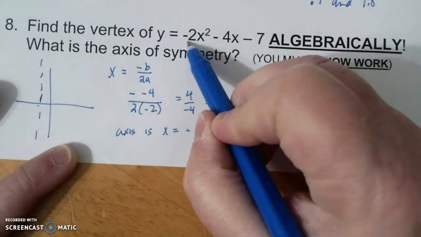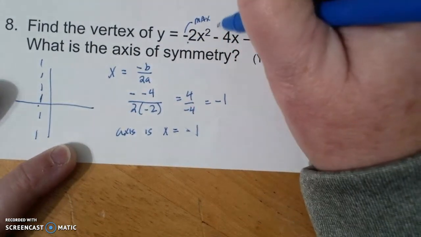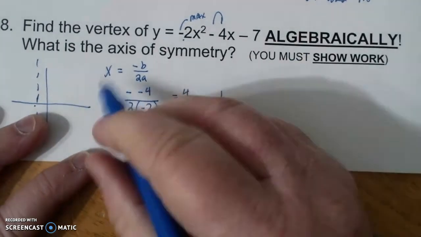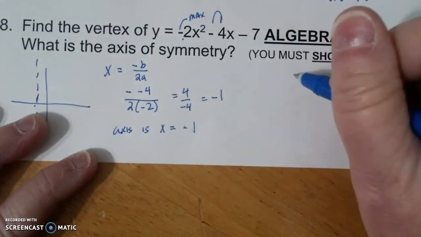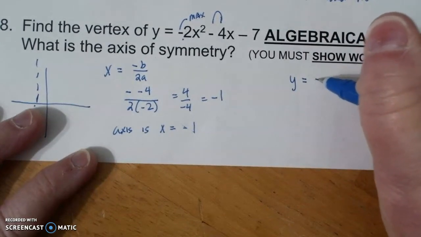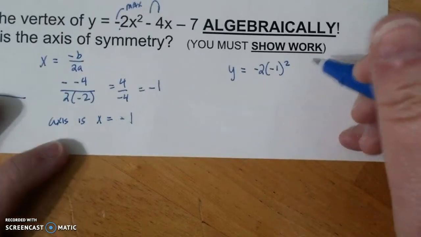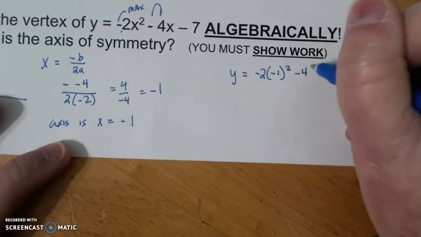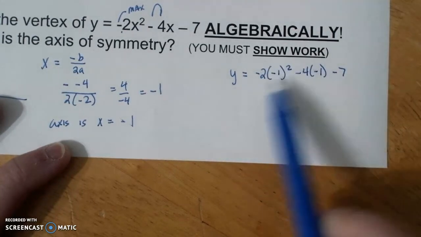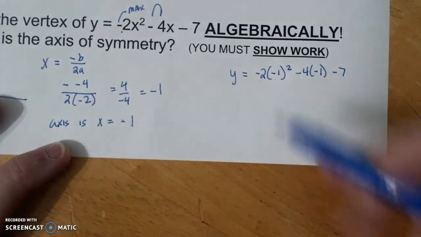I also know that it has a max, because it's very sad, it's very negative. Then I'm going to find the vertex, so I have to do y equals negative 2 times negative 1 squared minus 4 times negative 1 minus 7. This is where mistakes happen when you're plugging in a negative and having to square stuff.